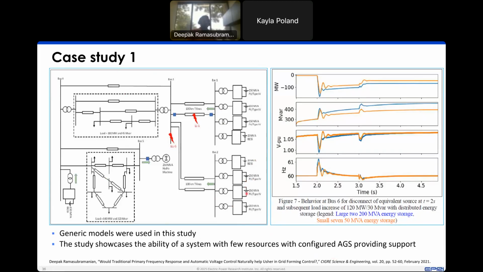This was the first work that we had done, which showed us that there is a possibility of configuring existing inverters to provide more of this support. We saw that when we disconnected the synchronous resource, the 100% inverter system was able to maintain stability. Now, yes, some of these variations can be larger depending upon how much flow was across this resource, but it can be managed depending upon sizing and siting of the resources.